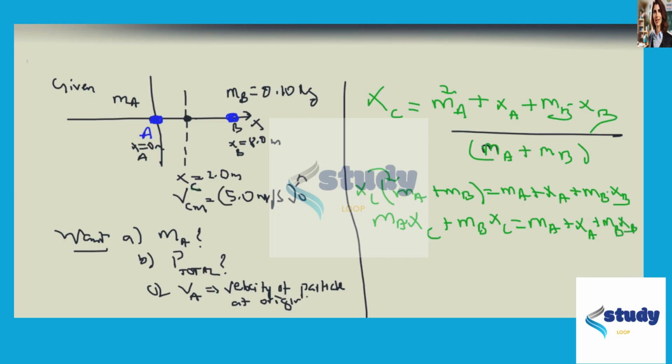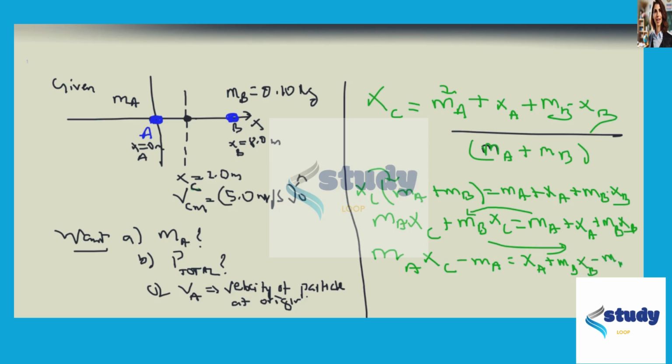And then our goal again is to find MA, so we'll move this MA to this side, and then we'll move this to the right. So we have MA XC minus, because it's moving to the left, minus MA equals XA plus MB XB.